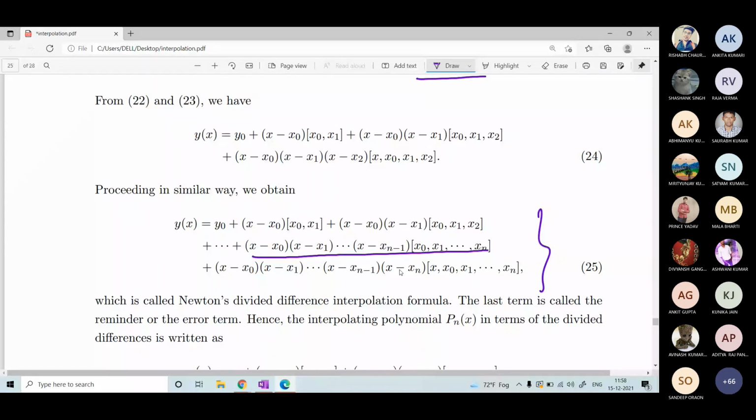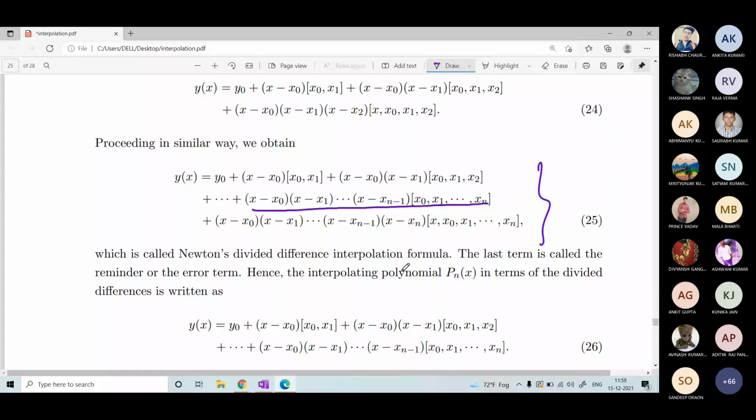So you see, in the last term the divided difference is unknown to you, since unknown x is involved. Let me highlight that term. That is known as the error term, because in that last term the divided difference will be unknown to you. So this is known as the error term in the interpolation.